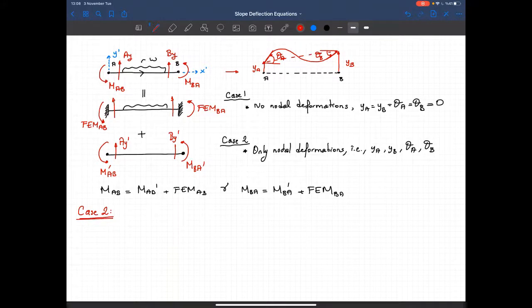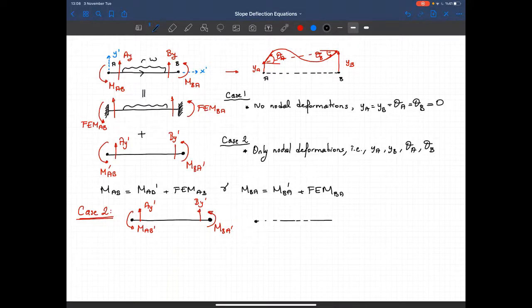Okay, so in case 2, let's draw it one more time. I have node A and B. Here MAB prime, here MBA prime, shear forces AY prime, BY prime. Let me draw the deformed shape one more time.